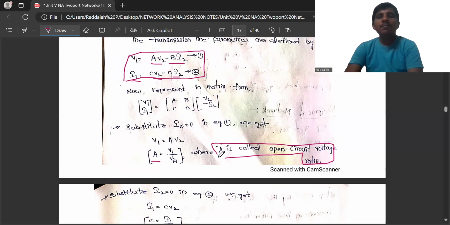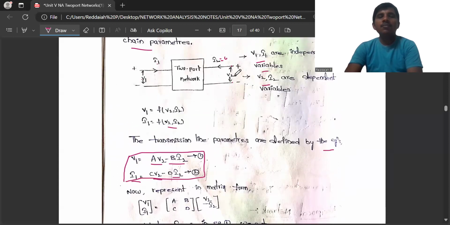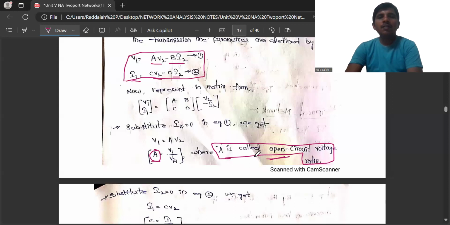This is called transmission parameter A. This name also we have to remember: open circuit voltage ratio. A equal to V1 by V2 is called the open circuit voltage ratio because we open circuit this voltage port, and the load is removed. Therefore, it is called open circuit voltage ratio.